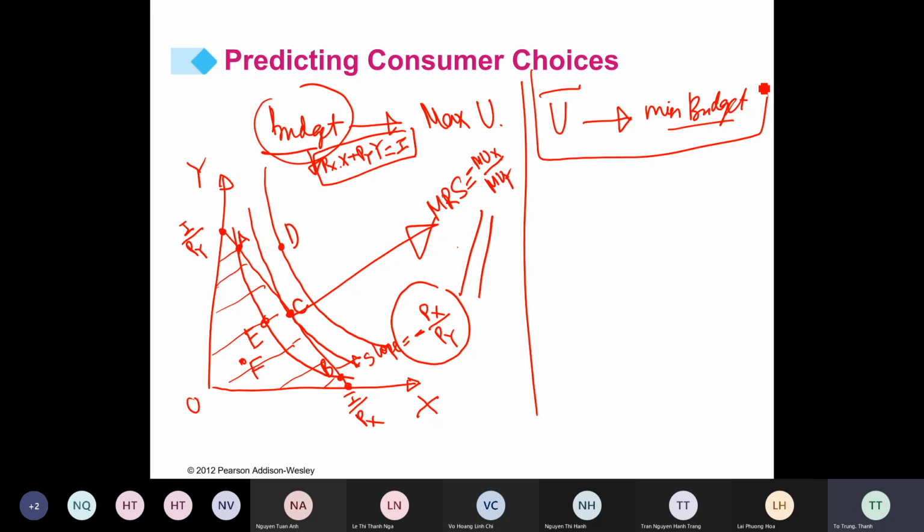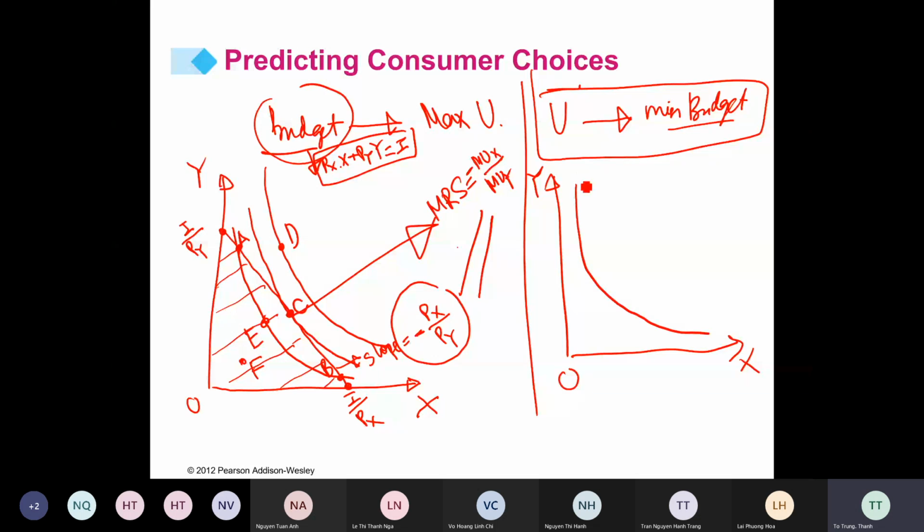Now the next one, as I said, the best could be if you want a certain level of satisfaction, you only buy it at the minimum budget. So that means in these figures, I have only one level of satisfaction, illustrated by a certain indifference curve like this. This is y, that is x, and this is the U1 indifference curve.